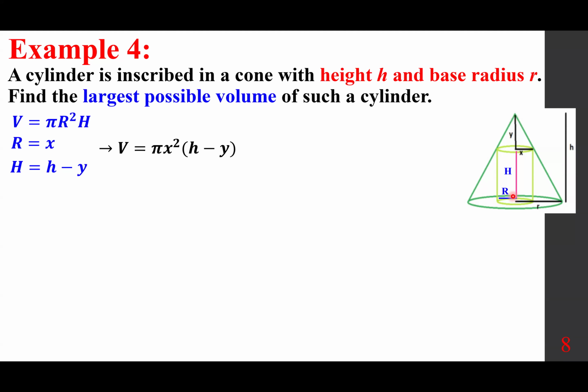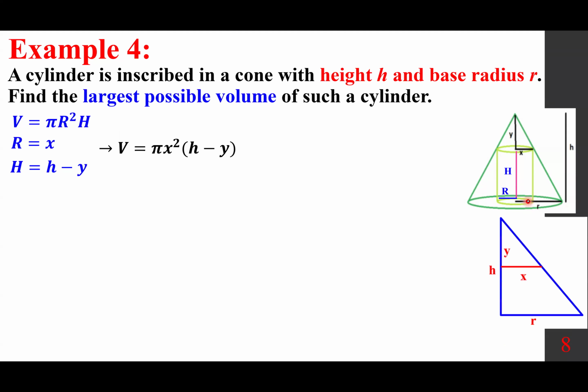So if you look at the right portion, it's a triangular shape in this format, and it's a right triangle. So this distance is y, this distance is x, this distance is lowercase r. This is the base of the cone, and this is the height of the cone. So we can use similar figures, everybody, and say, for example, x from the smaller one, r from the larger one, y from the smaller one, h from the larger triangle.